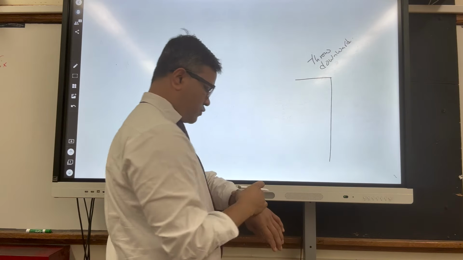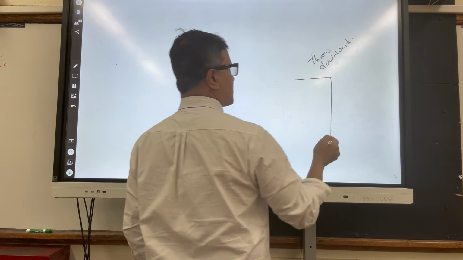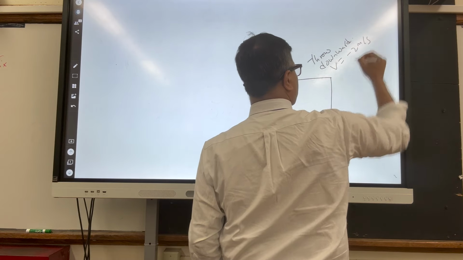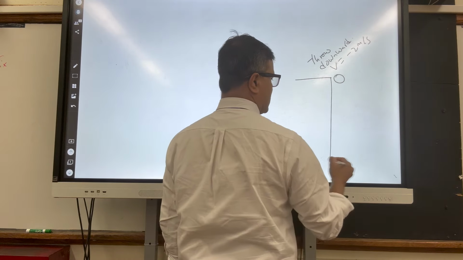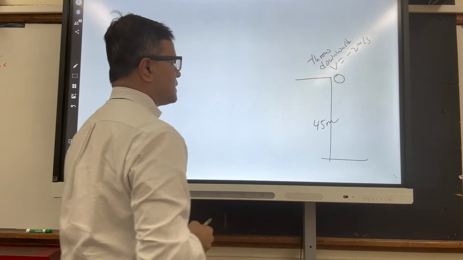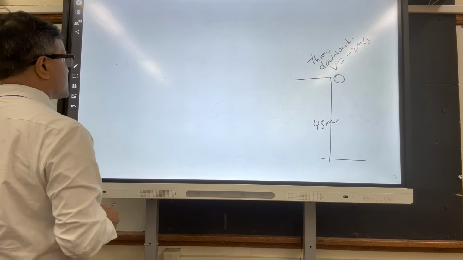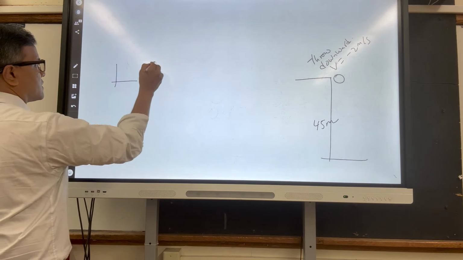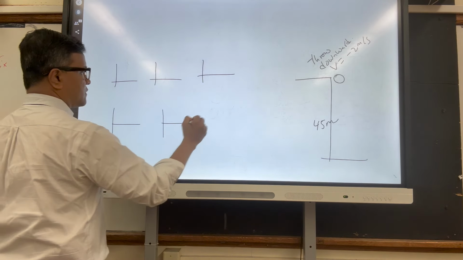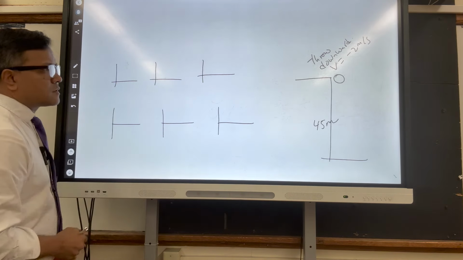Okay, you throw downward an object with velocity -2 meters per second, from 45 meters above the ground. I want you to draw 6 graphs. 1, 2, 3, 4, 5, 6.